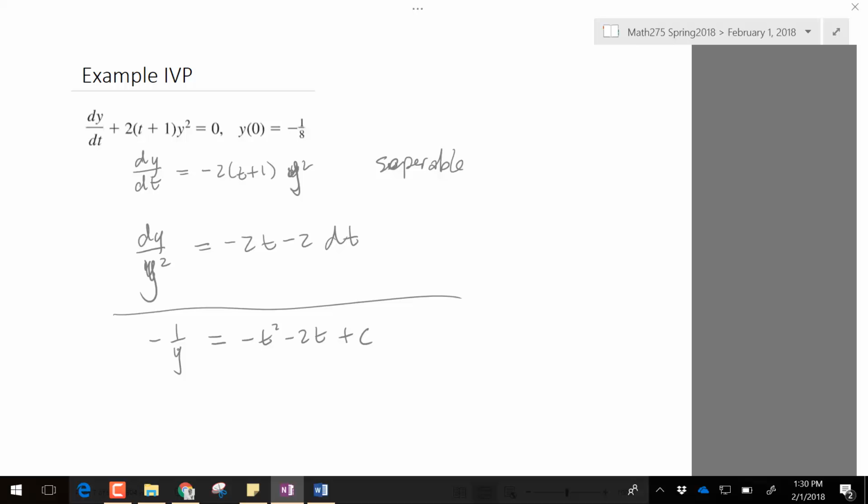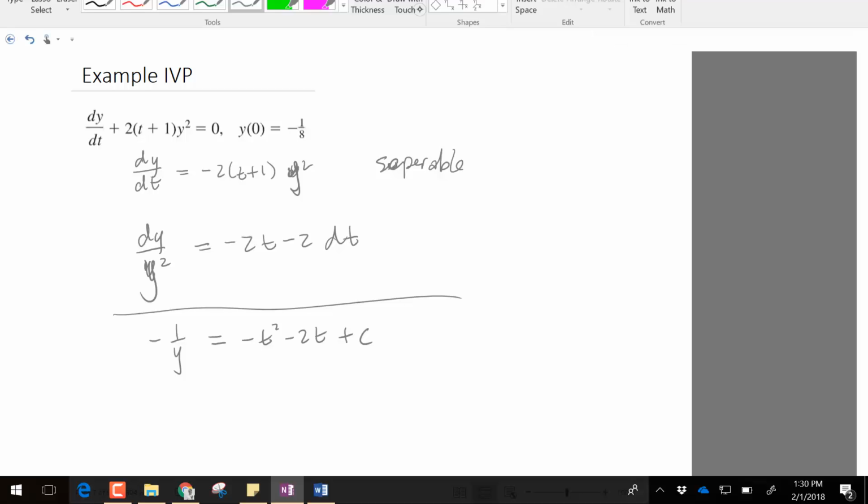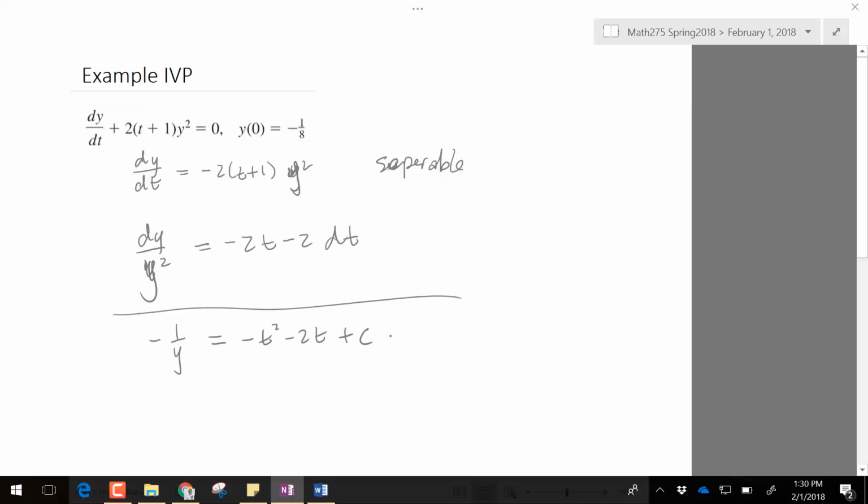So there's a couple ways of doing it, and let me solve for c first. For this particular example, what you could do, either later on or some other time, is try to solve for y, and then after you solve for y, put in the values for y and t to solve for c.